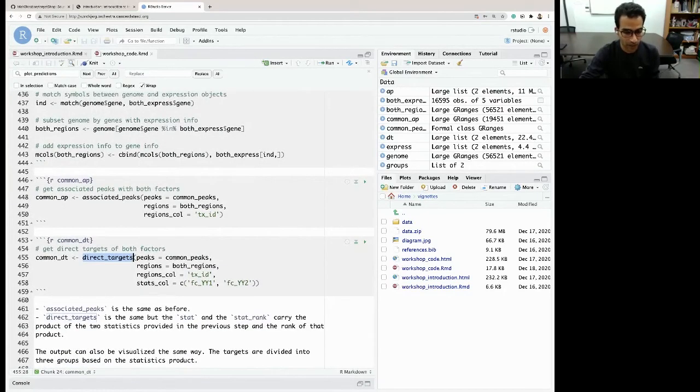We pass it the common peaks between the two factors, and then the new data frame that has the fold change for the two factors, and the regions ID is again the transcript ID. The only difference here is that when we call StatsCall, we want the fold change for the two factors to be passed, and those will be multiplied and used to make the final rank.